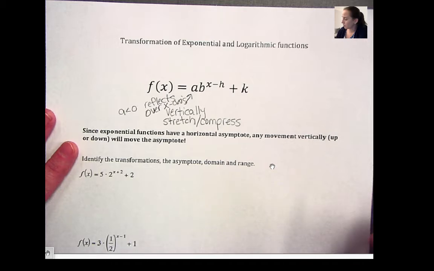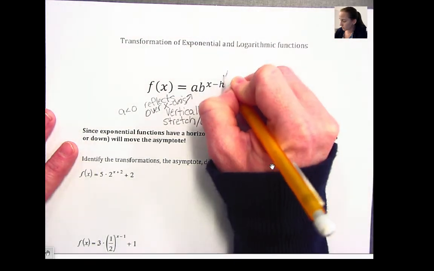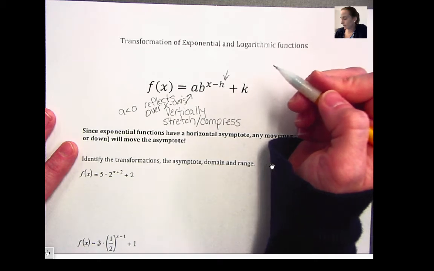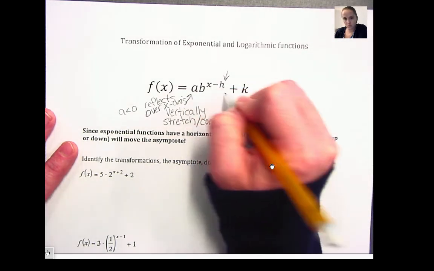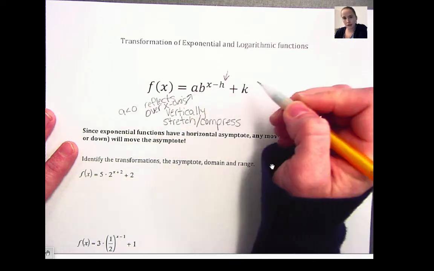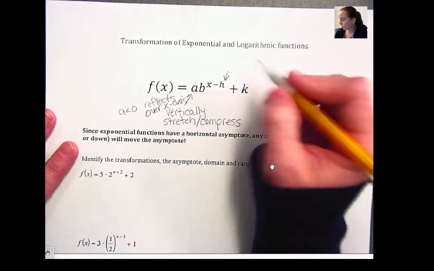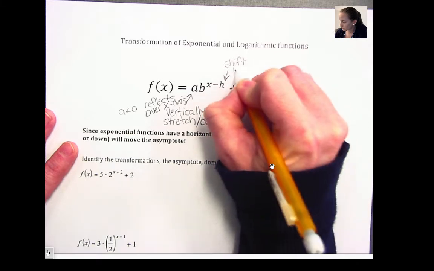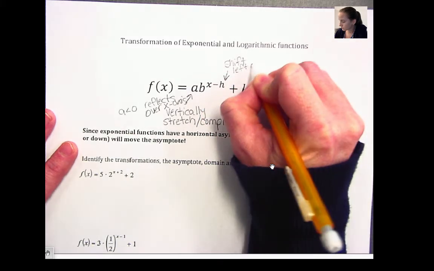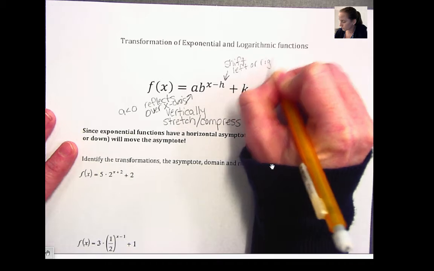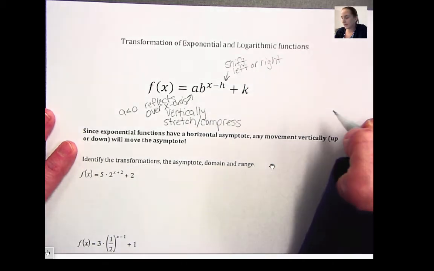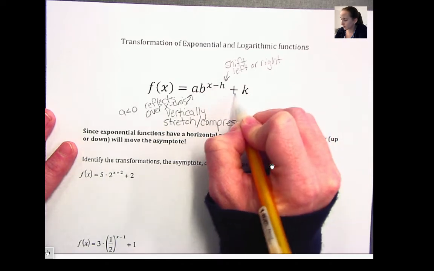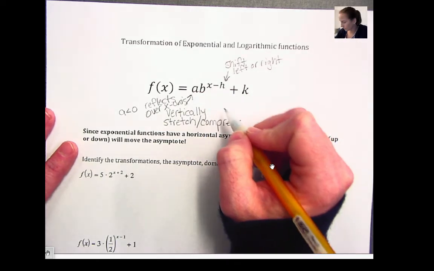Okay, the h here, remember, if it's inside with the x, okay, this is up in the exponent with the x value, that's going to shift it left or right. And then the k value, this is not up in the exponent, it is like in addition to the original function.